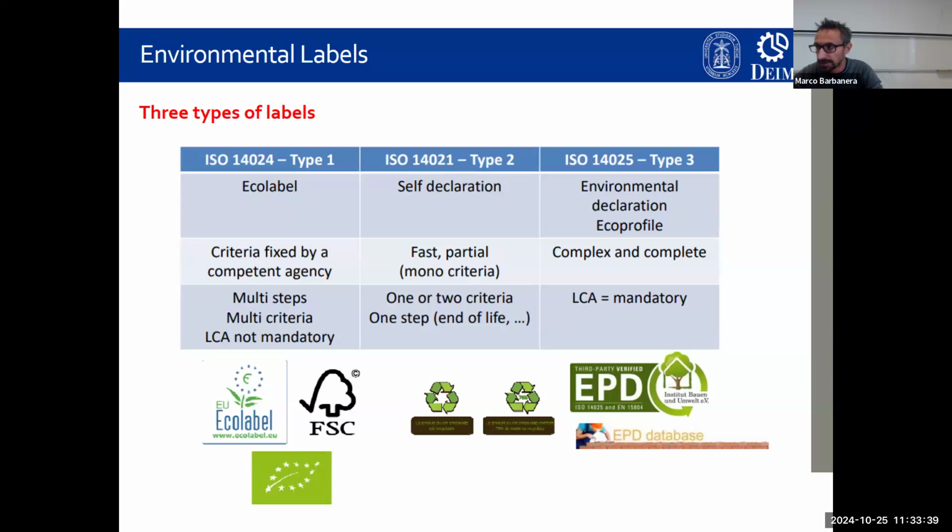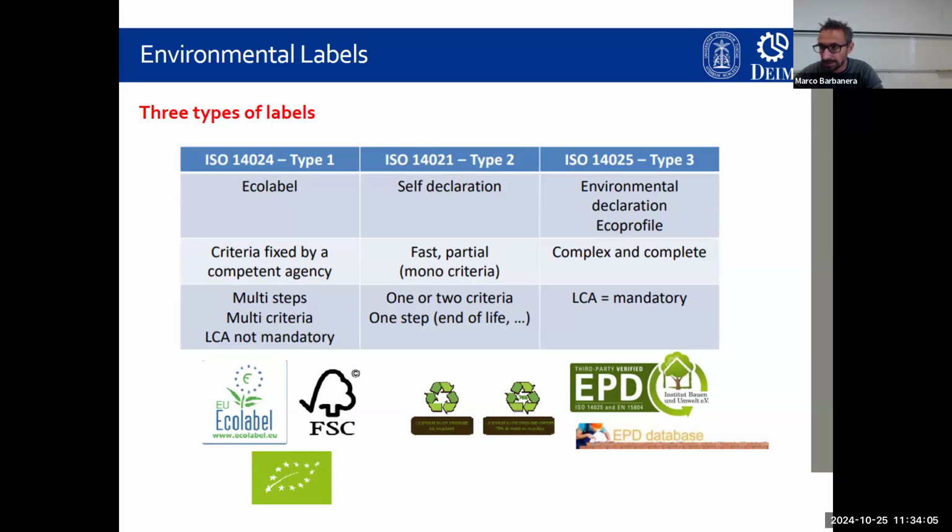Only, as we have said previously, the third type requires a mandatory LCA study. And for this reason, the third type label is the most complete and complex label between these 3 different options.